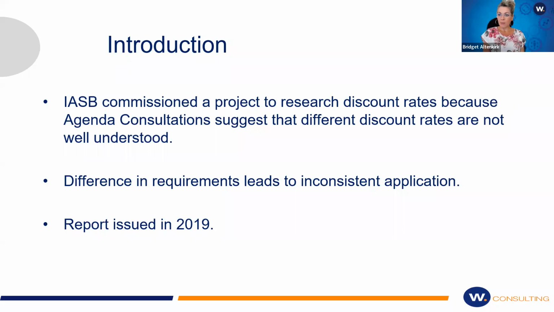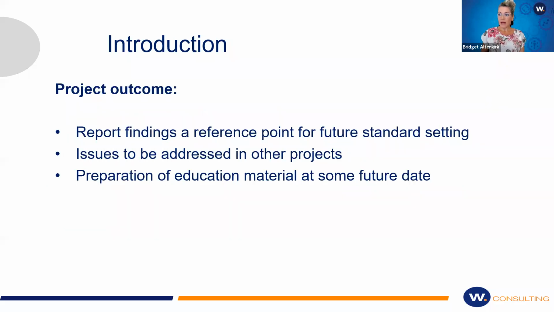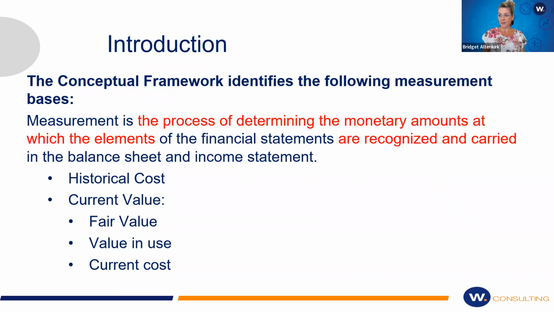Some feedback that the board has received, which encouraged this project, was that the differences in requirements between the different standards lead to inconsistent application. The outcome of their project, which we will see later on in the slides, was basically so that there is a reference point for the board for future standard setting, and so that they've highlighted issues which potentially can or should be addressed in future projects. And there may be some educational material which we may receive from the board at a later date.